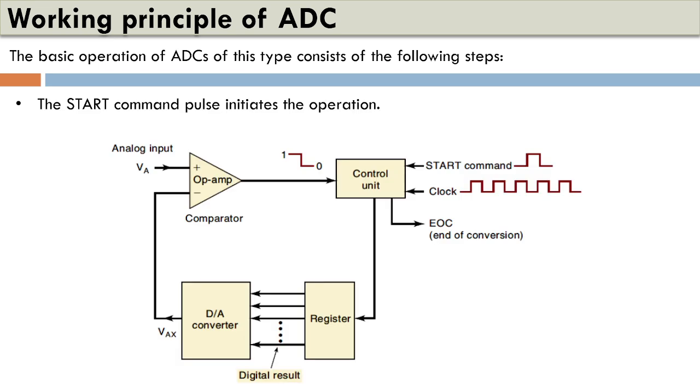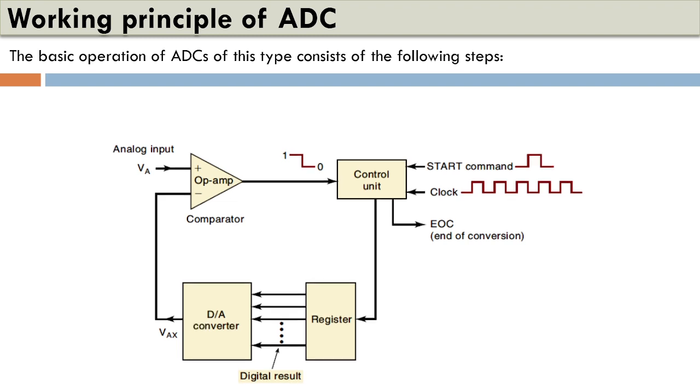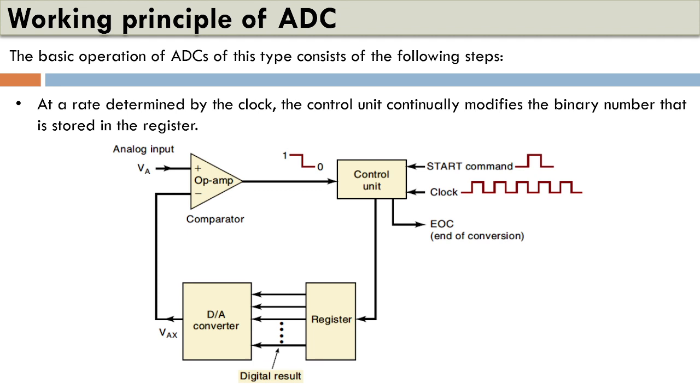Well, now let's have a look at the basic working of the ADC. In the initial stage, if you want to make the ADC work, you will first have to issue the start of conversion command, and it is given to the control unit. Once we provide the start command, at the rate at which the clock is getting into the control unit, it will try to modify the bits available in the register.